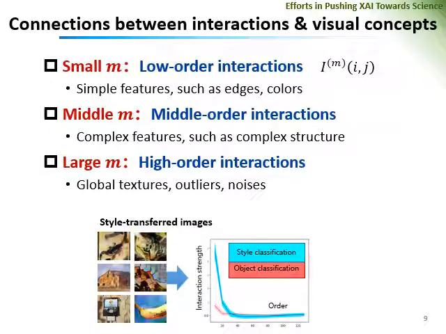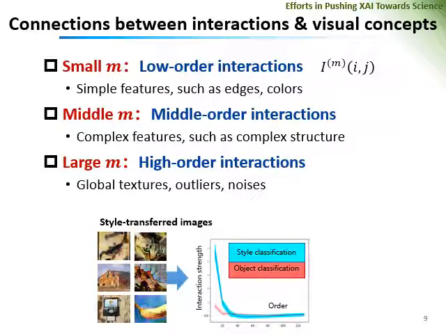This slide discusses the relationship between the interactions and the representation of visual concepts. As I introduced before, the low-order interaction is computed considering the contextual relationship with very few pixels. So the low-order interactions usually represent some simple features, such as edges and colors. The middle-order interactions are computed using more contextual pixels.